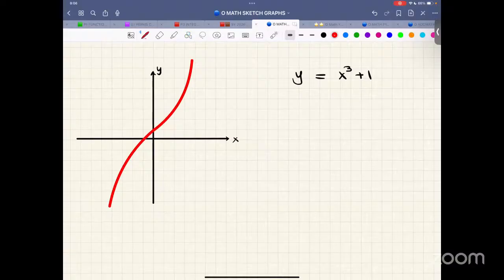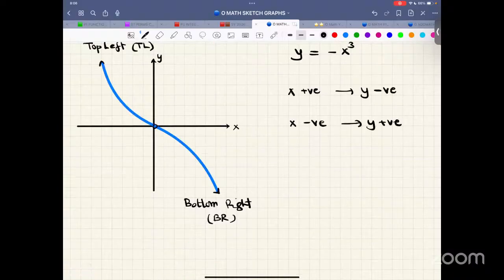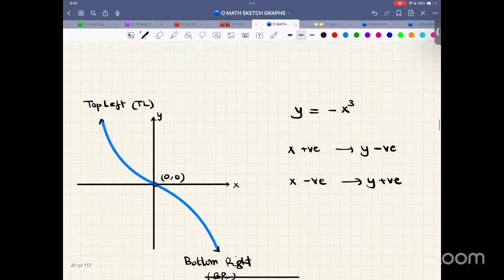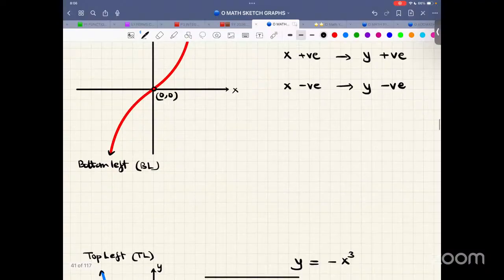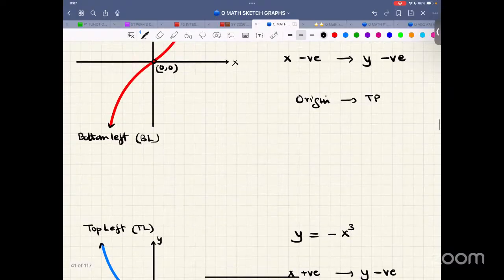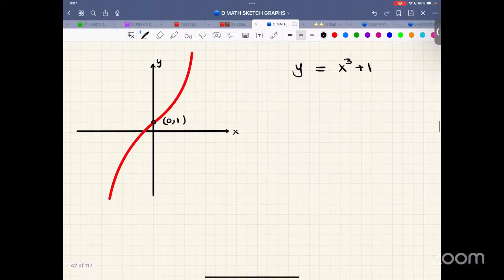So now the turning point, which was 0, 0, is now 0, comma 1. The turning point over here is 0, 0, but it's neither a max nor a min. This is 0, 0. So the origin is a turning point. This origin is also a turning point. TP stands for turning point. And now the turning point is 0, comma 1 because we have shifted it up by 1 unit.